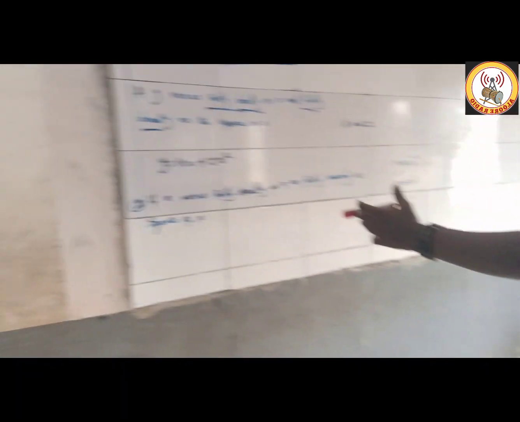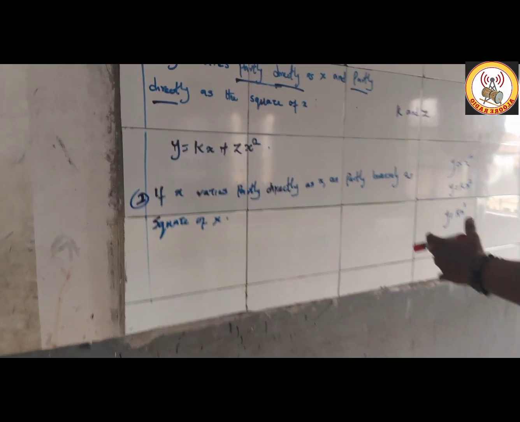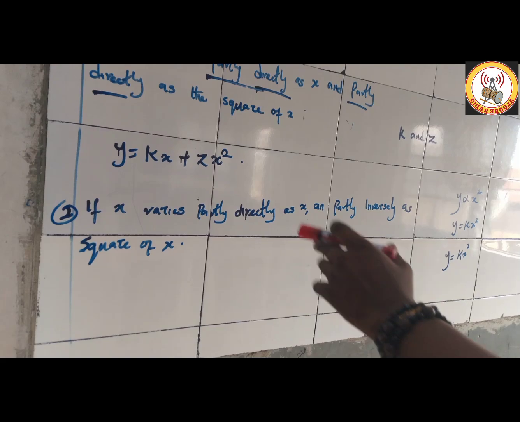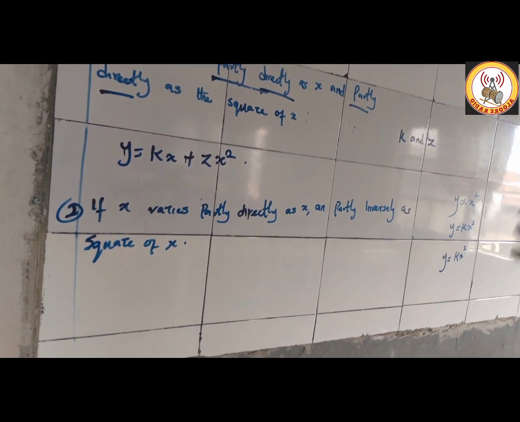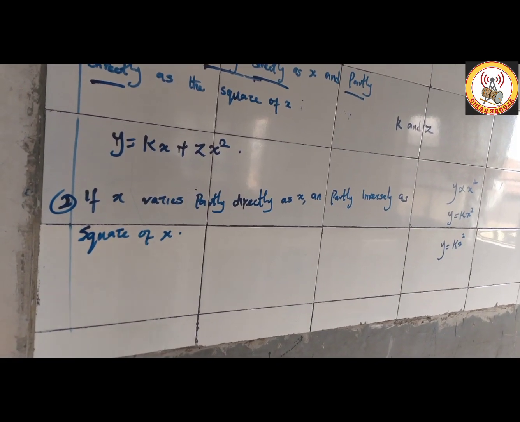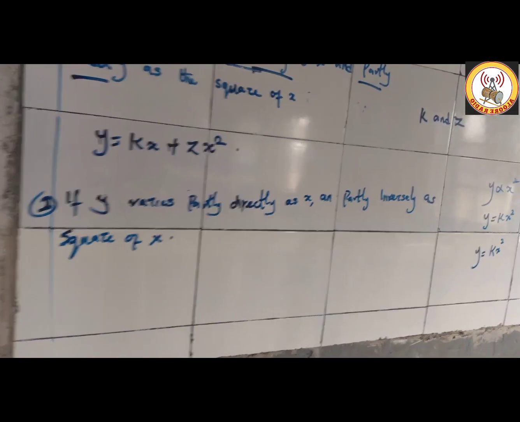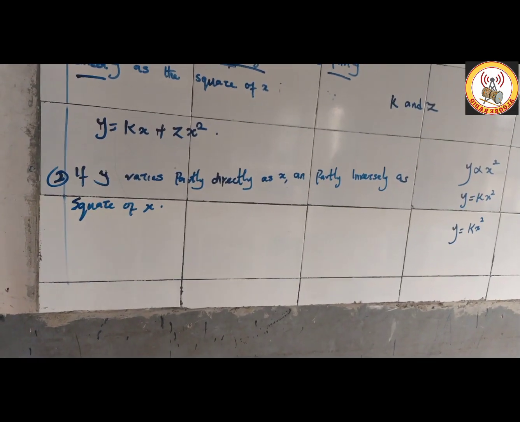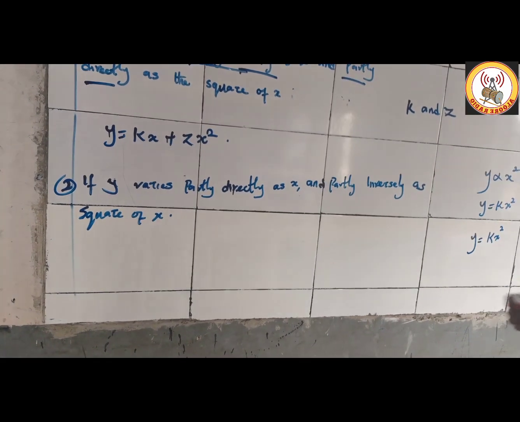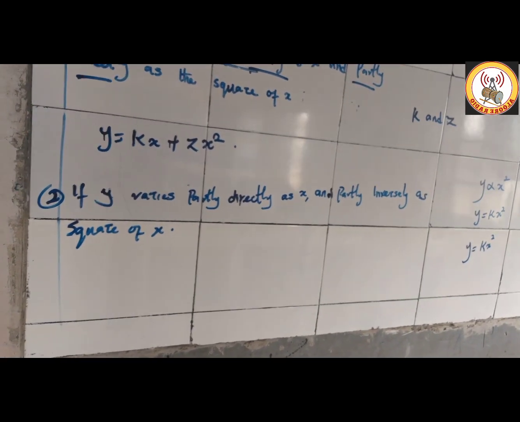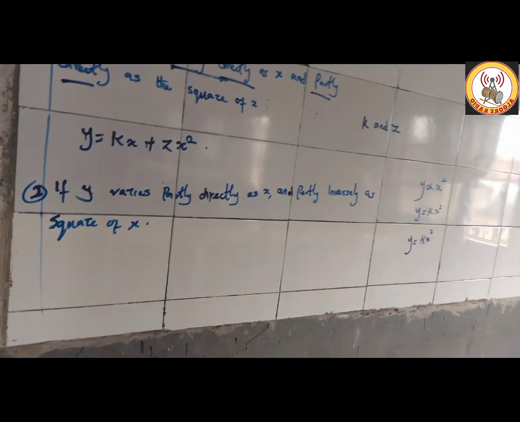But when you look at this second example, we said if y varies partly directly as x and partly inversely as the square of x, how do we write that?